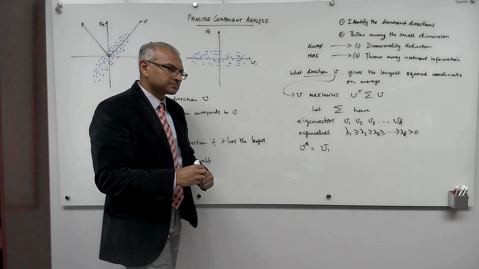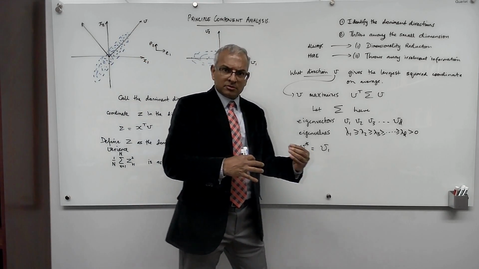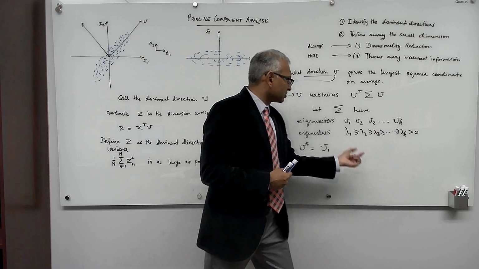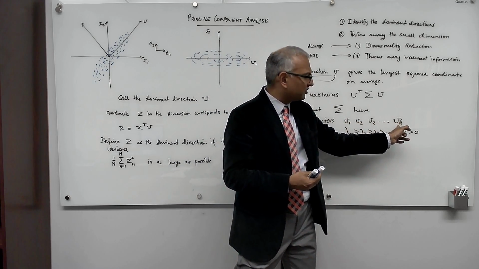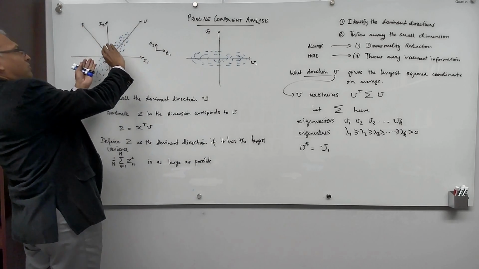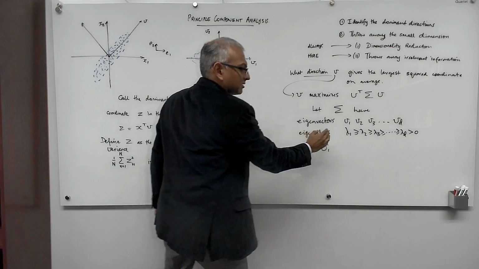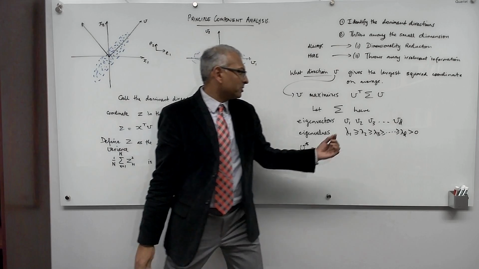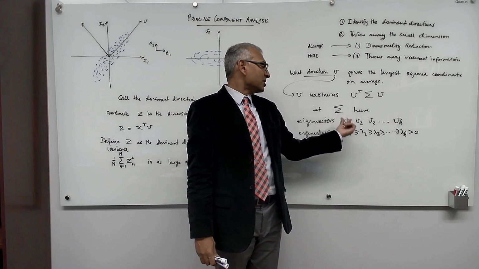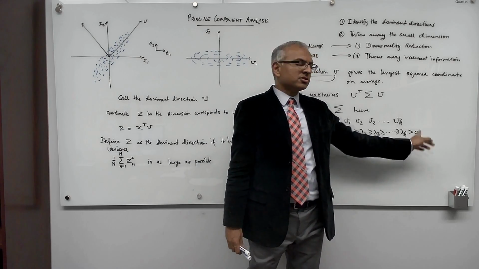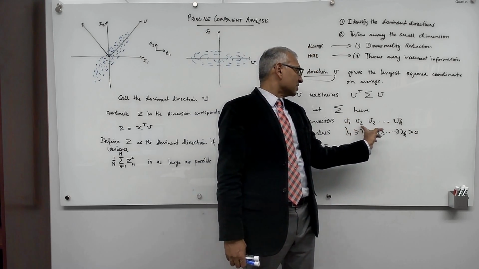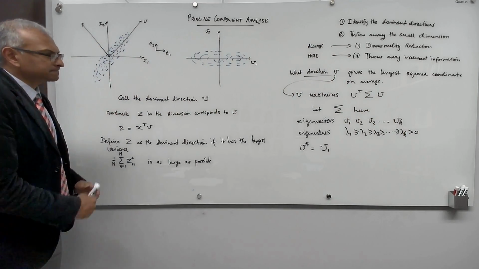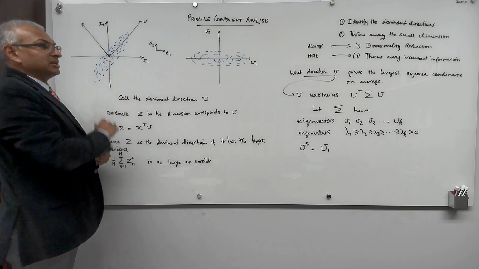And in fact, the dimensions in order of decreasing importance are exactly V1, V2, V3 up to V sub d. And the basis that rotates the data into this form is exactly the orthogonal basis V1, V2, V3 up to V sub d. Now, some properties of sigma are that it's positive definite and symmetric. That means that these eigenvalues are all positive, and it's possible to choose these eigenvectors as orthogonal. So these are indeed a basis. Okay. So there, we've gotten the dominant direction.